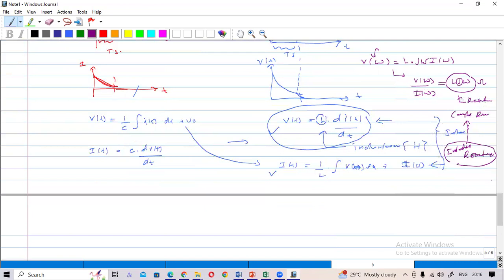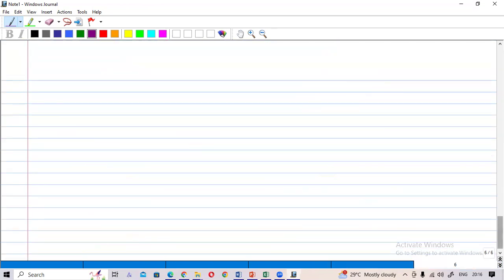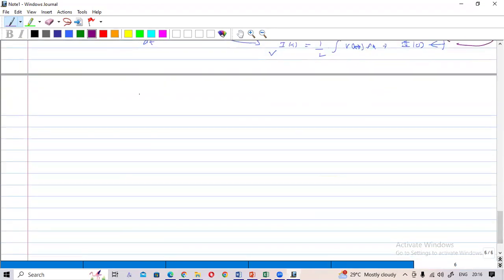Now another point. Tell me, if we have connected two resistances in series, what is the equivalent resistance? What is the equivalent resistance here?